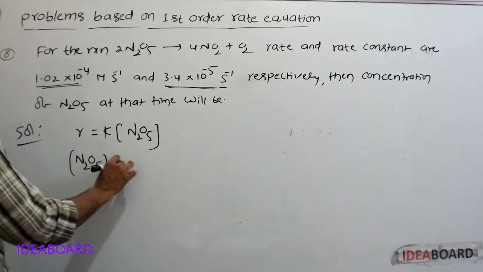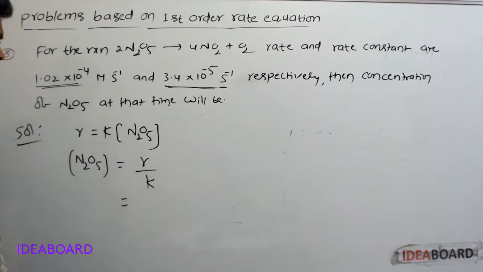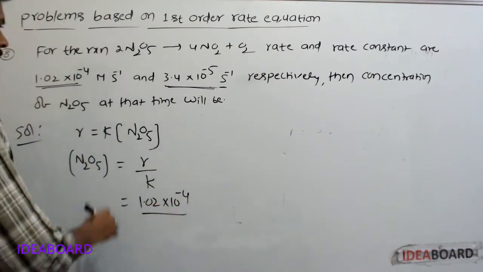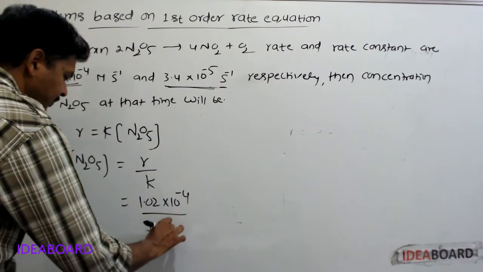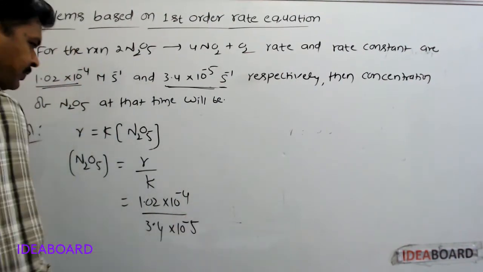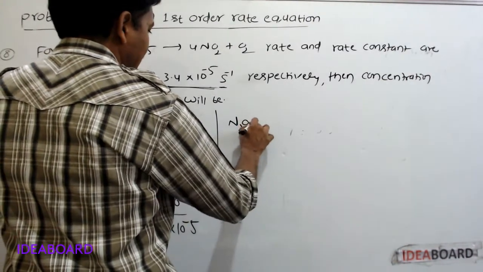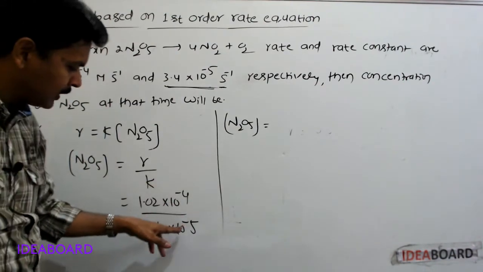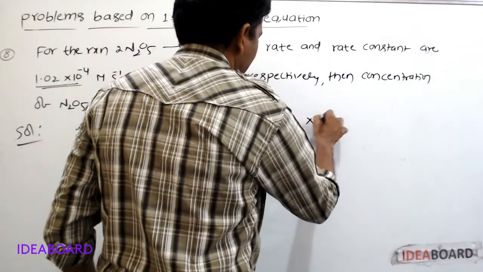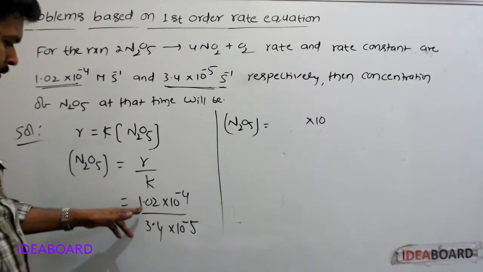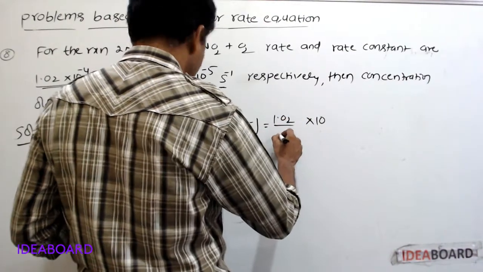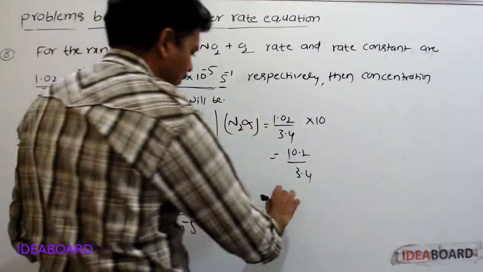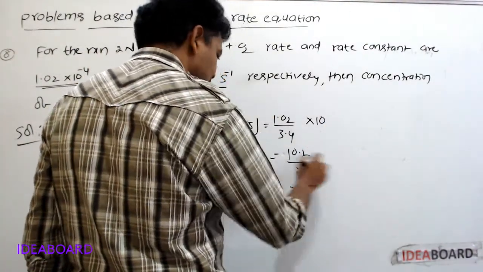N2O5 concentration is equal to rate by K. Rate is 1.02 into 10 power minus 4 divided by rate constant 3.4 into 10 power minus 5. 10 power minus 4 by 10 power minus 5 means 10. 1.02 by 3.4 means 10.2 by 3.4. 3.4 times 3 is 10.2.